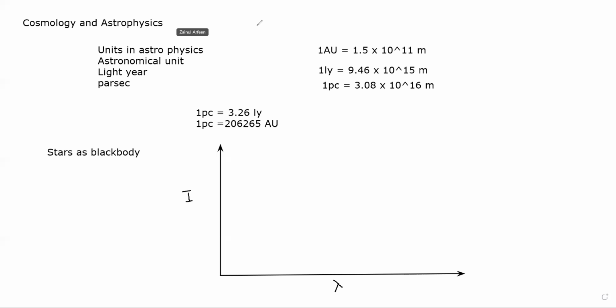Basically, if you have any material at a certain temperature made up of particles, some of the particles are moving very fast, some very slow, but most of them are moving with the average speed.